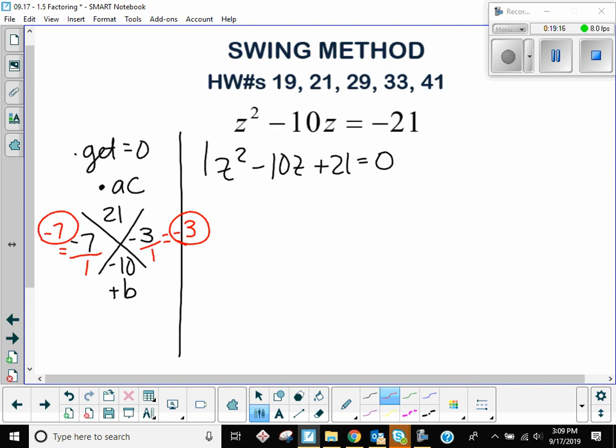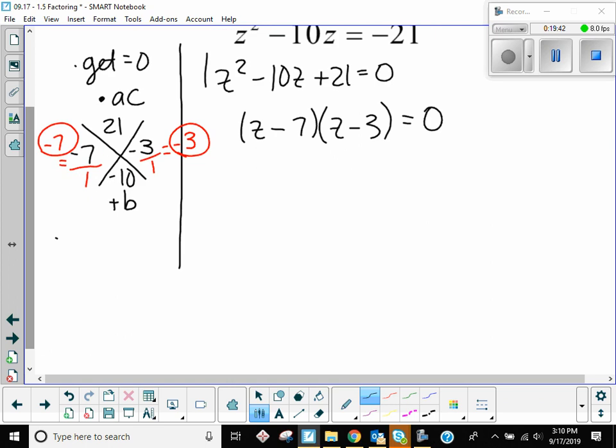And then my next step is I just slap negative 7 onto a z, and I slap negative 3 onto a z, and it makes my factors like this. Z minus 7 times z minus 3 equals 0. And now I just set those factors equal to 0 and solve.